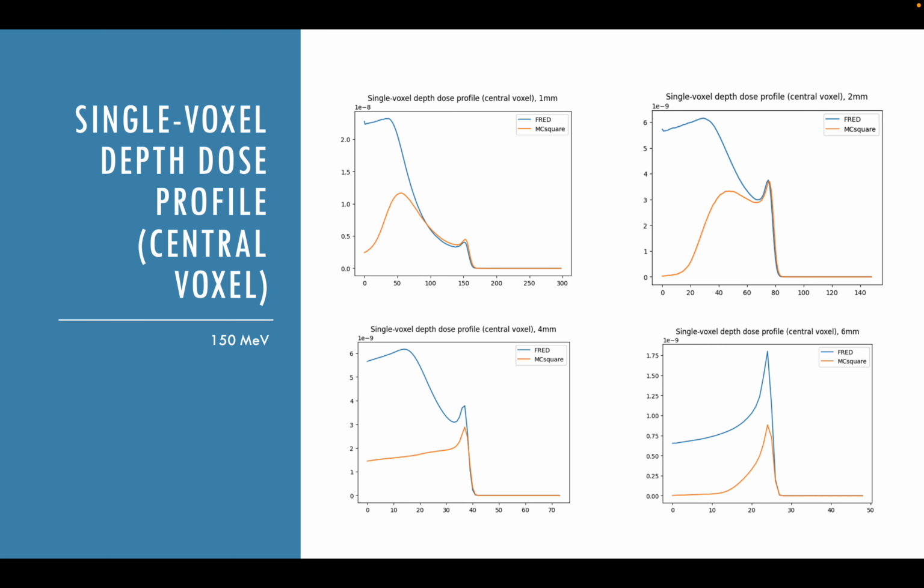Is it because of dose to water, dose to medium? And what I've realized is that both of the dose engines calculate dose to medium. So what was the cause? And I just recently realized, yeah, that's wrong. MC square has a smoother entrance, that is not expected.